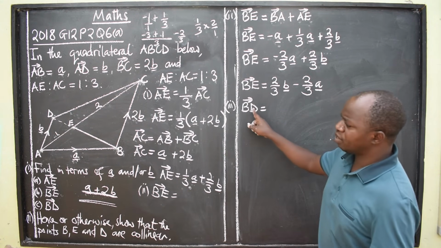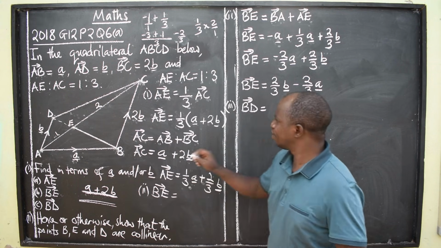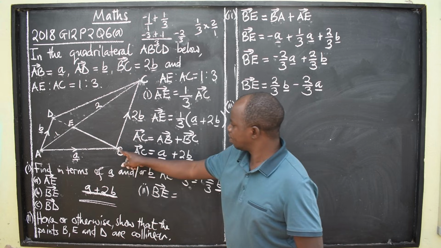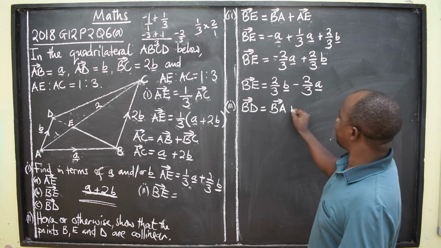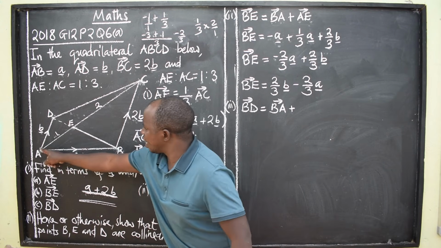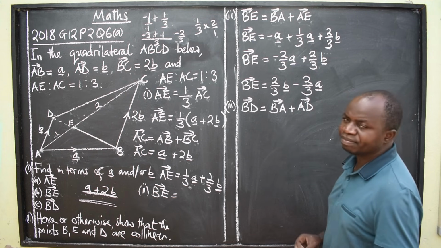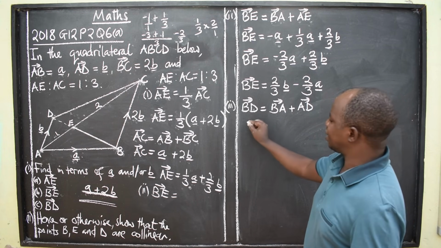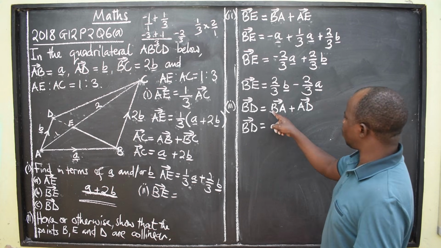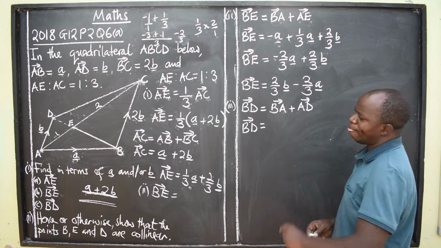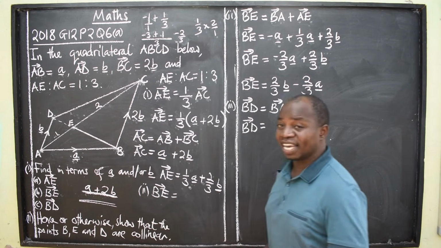So my BD, remember the starting point is B, so it will be BA plus AD. Then we substitute the vectors here. So BD will be equal to, what is BA? Again, this is opposite vector. BA meaning to be negative.